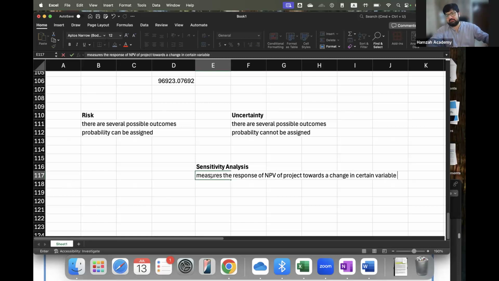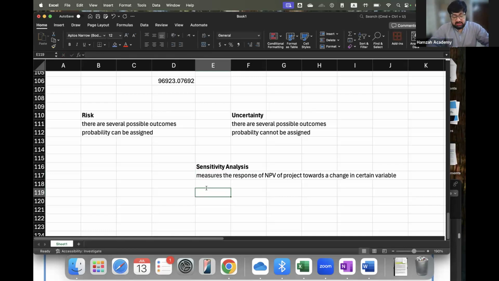I will explain. For example, if sales fall by 5%, what will be the impact on NPV? Second, if variable cost increases by 10%, what will be the impact on NPV?